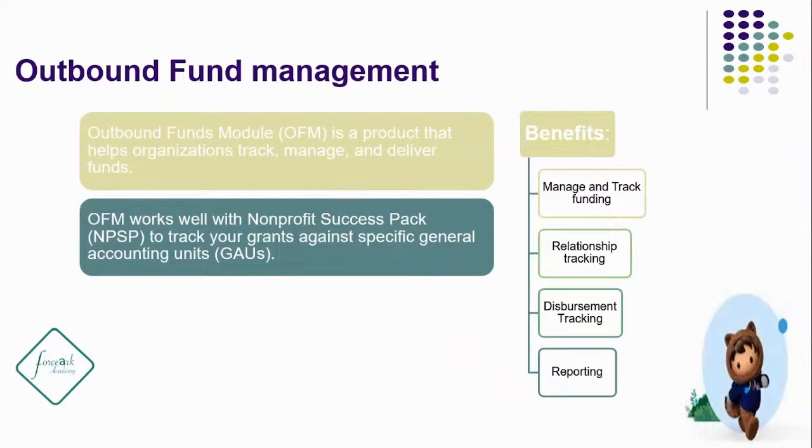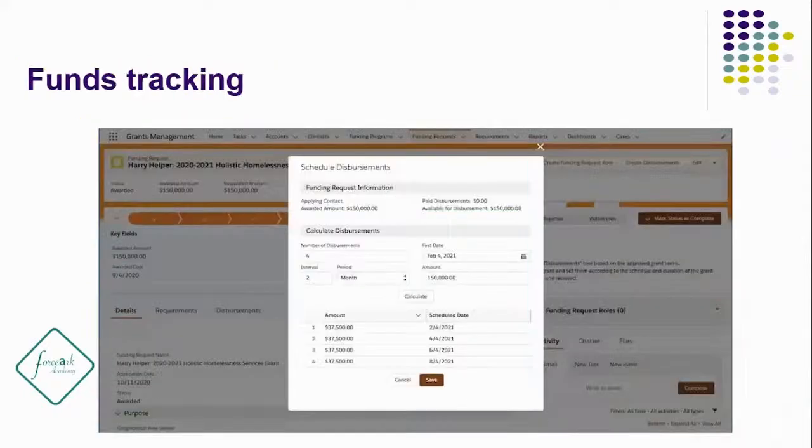The key benefits are managing and tracking funding, relationship tracking, reporting, and disbursement tracking. This snapshot shows how scheduled disbursements are done, what the funding request is, and how it has been distributed.